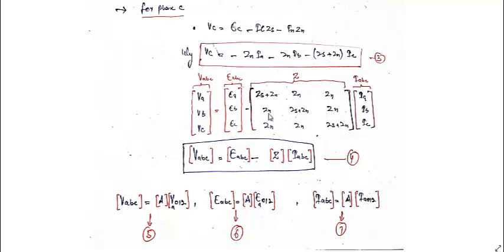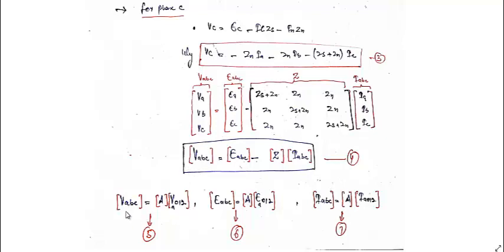This column matrix can be written as VABC. This column matrix EA, EB, EC can be represented by EABC, and this 3 by 3 matrix can be represented by Z, and this matrix IA, IB, IC can be represented by IABC, so that it becomes a compact equation, and it is very easy to write. After that, we know that VABC is equal to A times VA012.